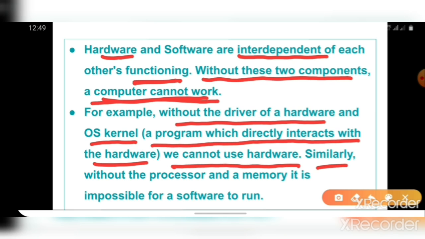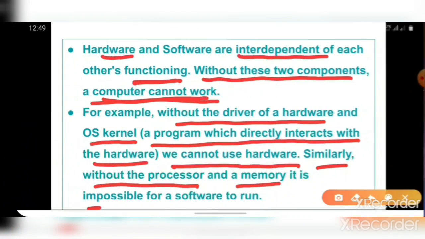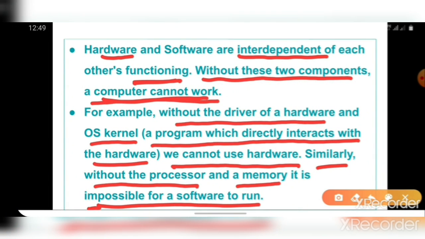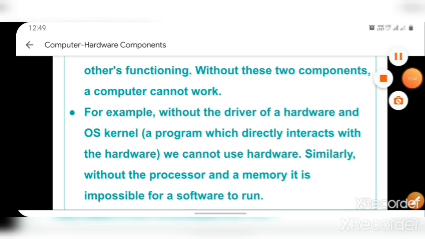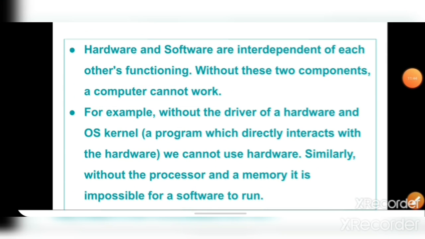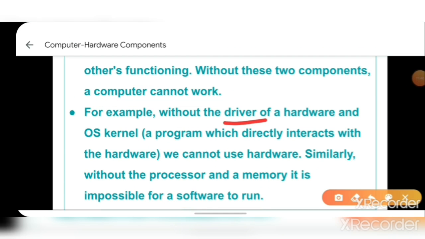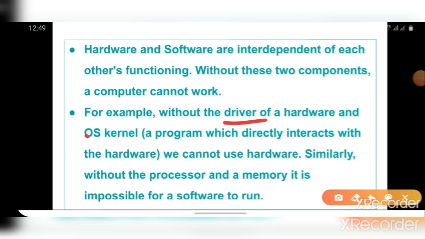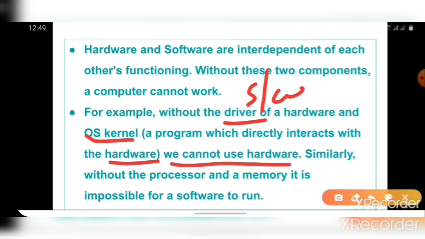Similarly, without a processor or your CPU or your microprocessor and a memory, it is impossible for the software to run. Now see, the driver and the OS kernel, these both are softwares without which hardware cannot be used.